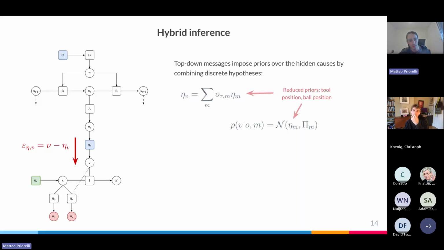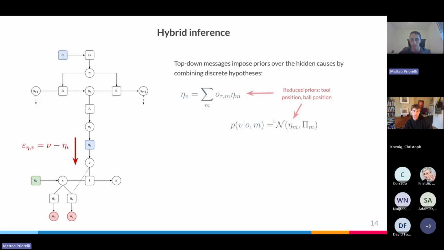So a last problem involves the communication between the discrete model and the continuous model. This is usually done by maintaining different hypotheses over the environment. These are reduced probability distributions, defined here, which encode different hypotheses of the agent over the environment.